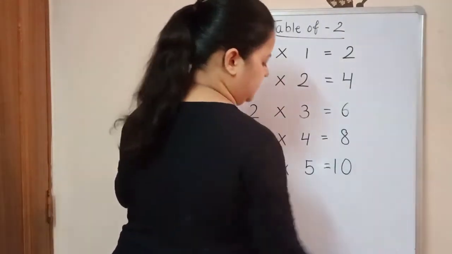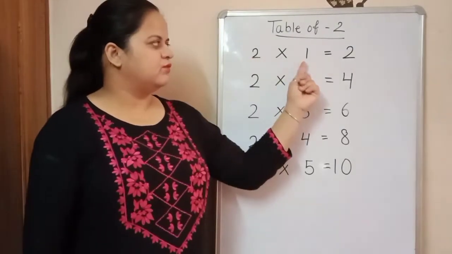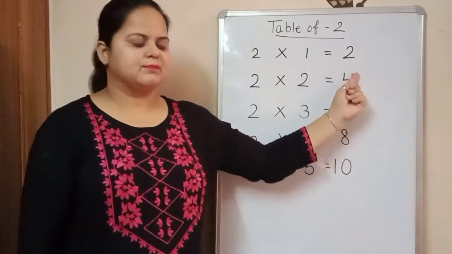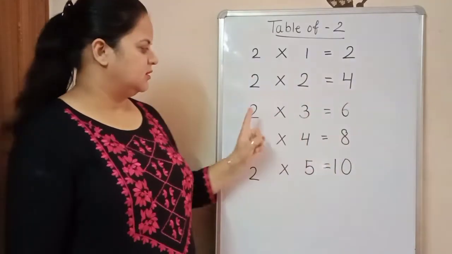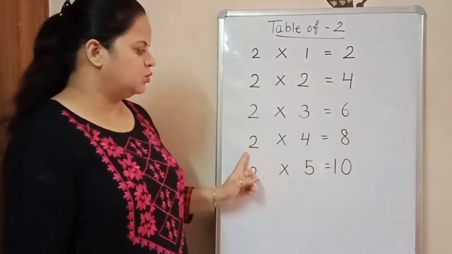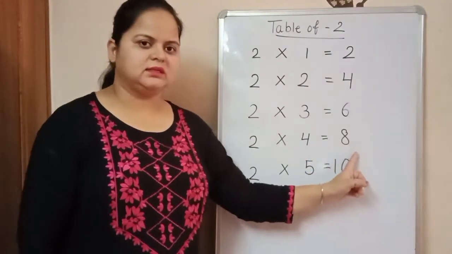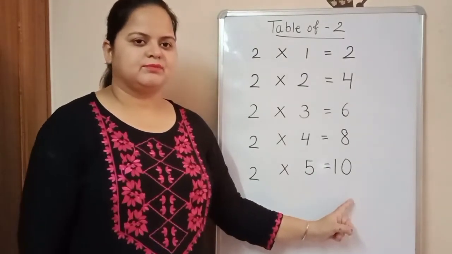Again speak with me and speak loudly, okay? 2 ones are 2. 2 twos are 4. 2 threes are 6. 2 fours are 8. 2 fives are 10.